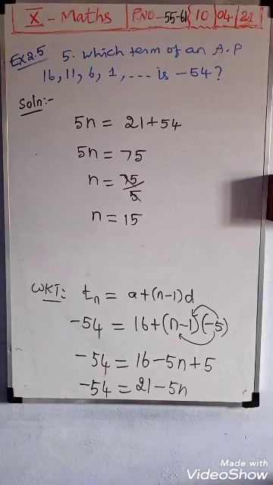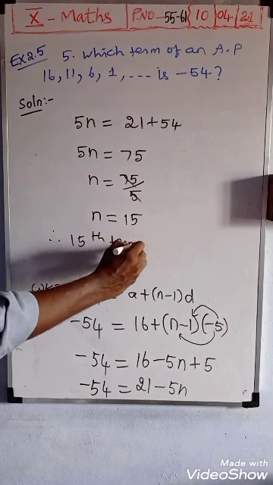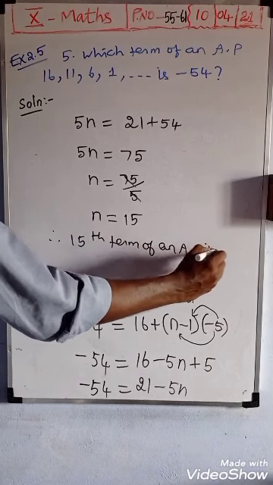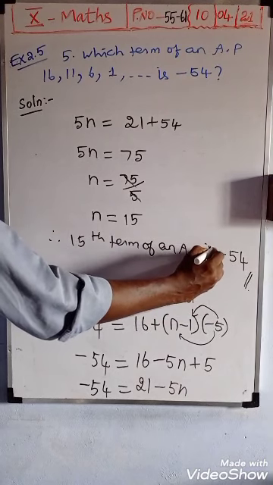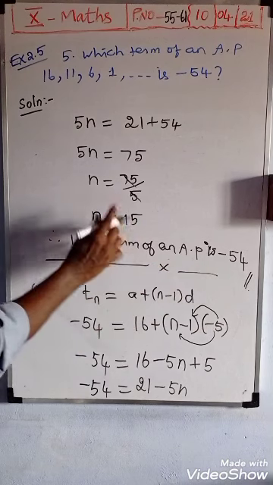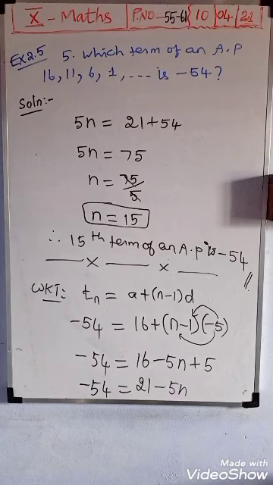Therefore the 15th term of the AP is minus 54. Answer is 15. So we only want to find n, so n is equal to 15. That's all.